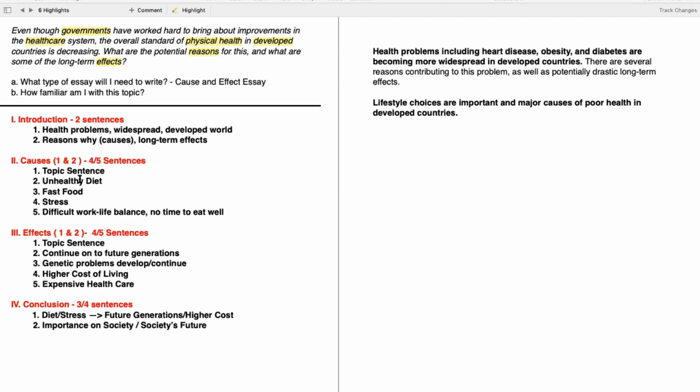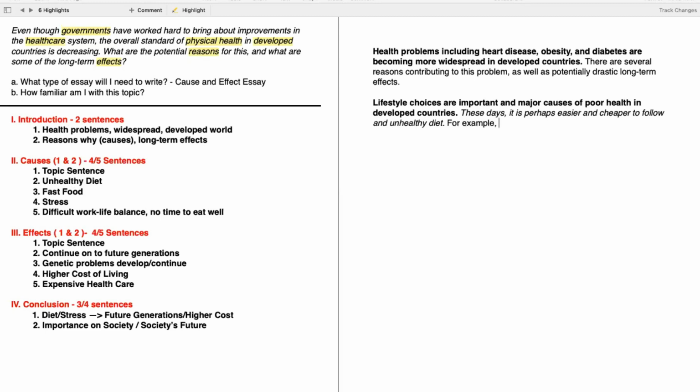And I'll say, these days, it is perhaps easier and cheaper to follow an unhealthy diet. So I've got my unhealthy diet. I say that it's easier and it's cheaper because I'm going into fast food. So for my example, I'm just going to do that in regular text.